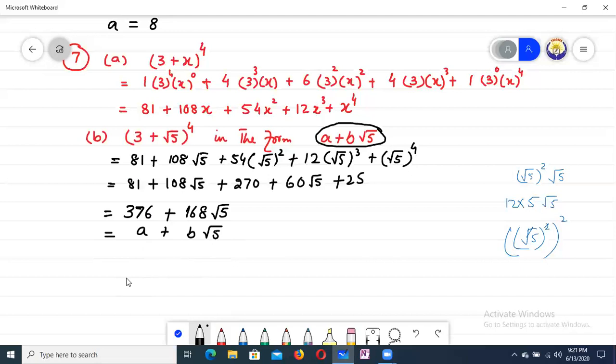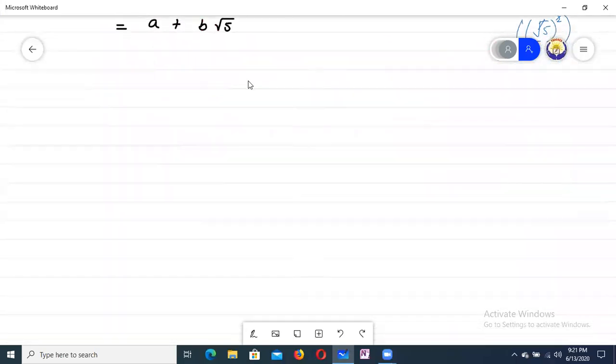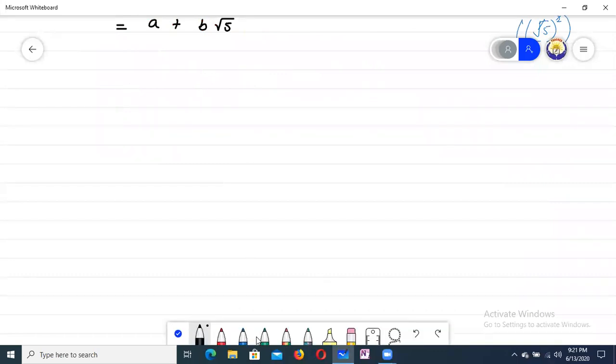Now the next question here is question number 8. Question number 8 is expand 1 plus x raised to the power 5.